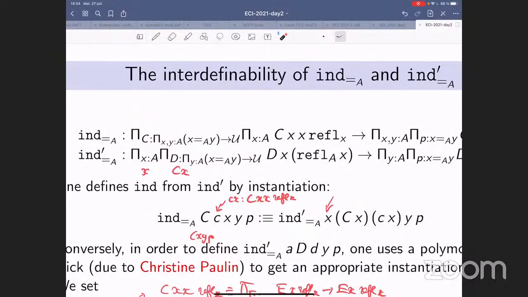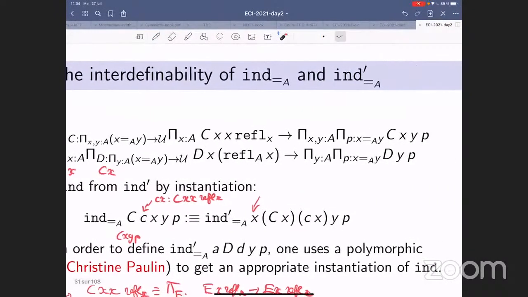And then my small c should be of type D x x refl. Let me be very slow. This C x should be of type D x x refl.